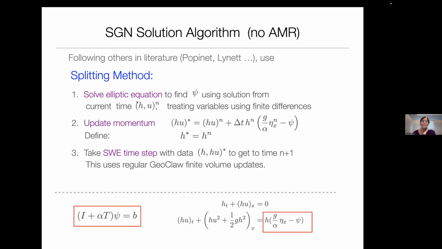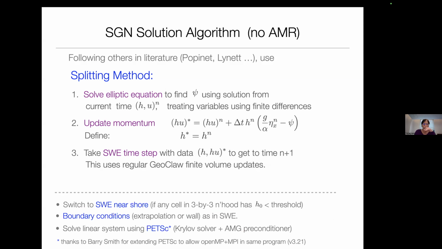The literature treats the elliptic equation up here using finite differences. So that would be this. The equations are just repeated down below so you see them. Okay, things to note here are there's no wave breaking in the Boussinesq equations. At the moment, what we do is switch to the shallow water equations near the shore, if any cell in some 3x3 neighborhood, that would be the finite difference neighborhood, has a height less than the threshold.